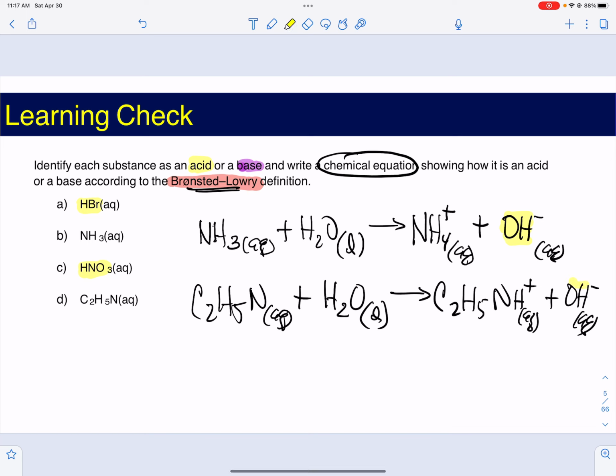It produced hydroxide. So that's how we do it with the Bronsted-Lowry definition. Water has to be one of the reactants, and water is either going to accept hydrogen if it's reacting with an acid, or it's going to donate hydrogen if it's reacting with a base. The base will be the one accepting the hydrogen.